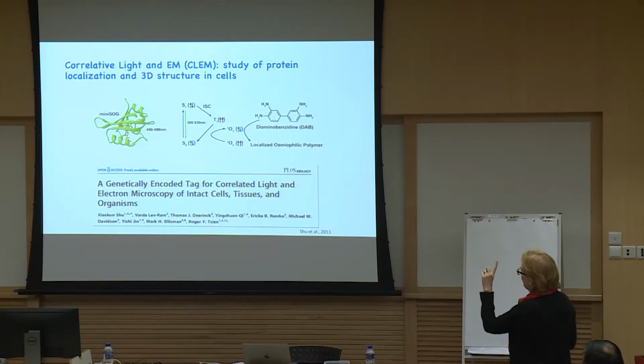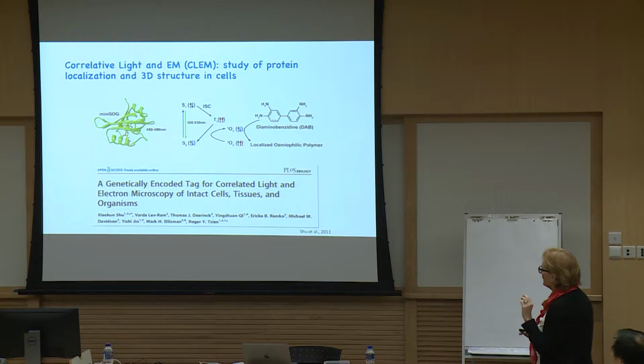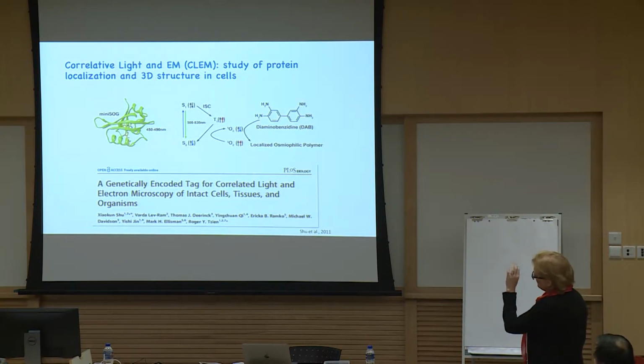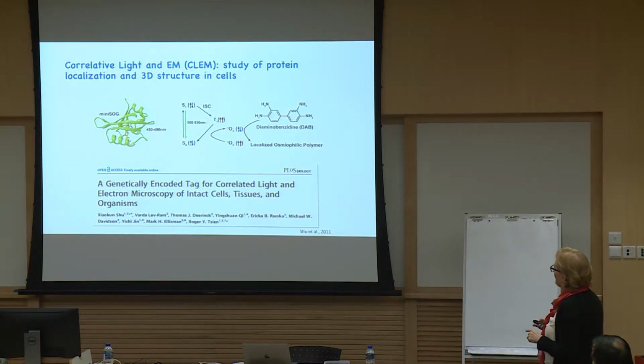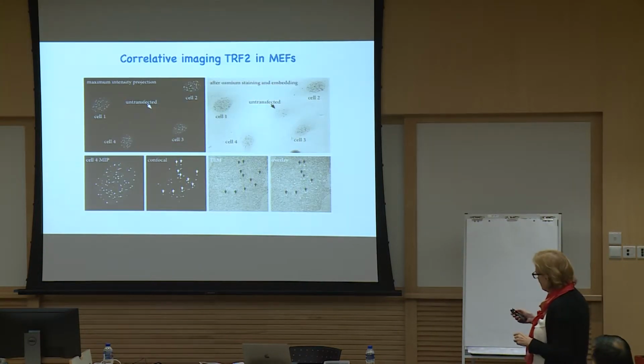And I will show you. In this particular method, the tag is miniSOG. It was invented by Roger Tsien of GFP fame. And then through a chemical reaction, we can deposit osmium. And this is what you see. So this is our transfected cell, and you can see the fluorescence dots that represent telomeres.